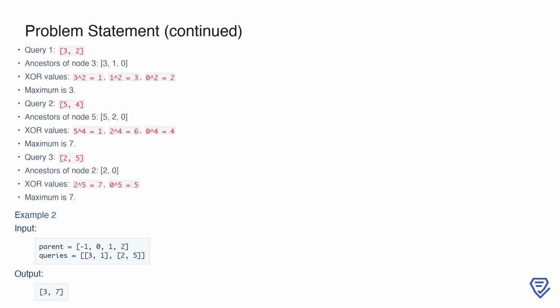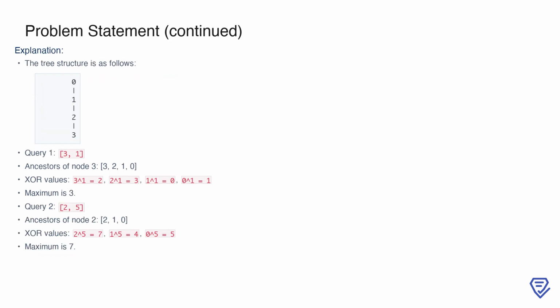the maximum XOR value. In another example, the parent array is -1 0 1 2, which represents a tree with a single path from node 0 to node 3. The queries are [3, 1] and [2, 5]. For the first query, the ancestors of node 3 include nodes 3, 2, 1, and 0.